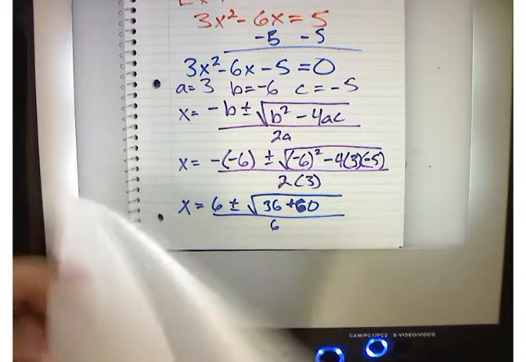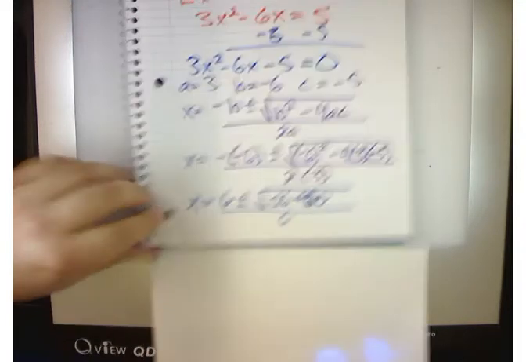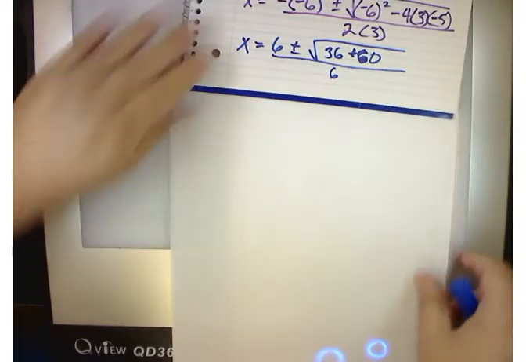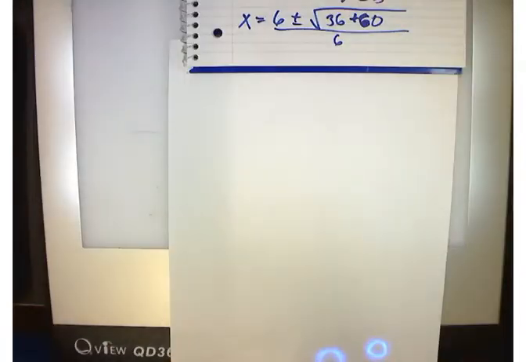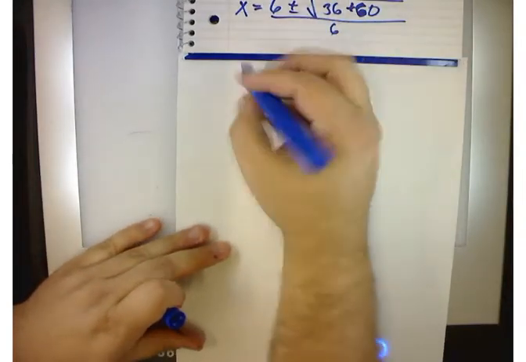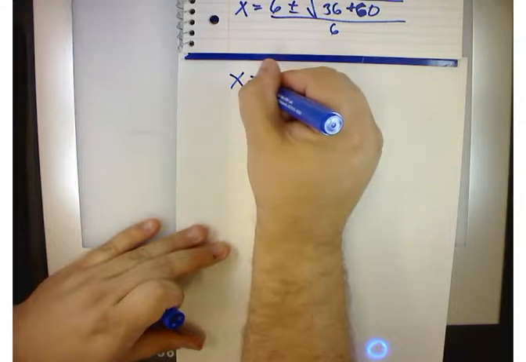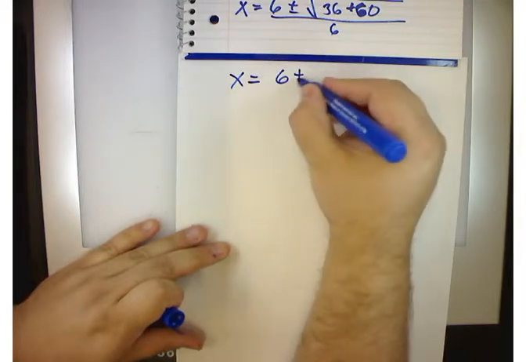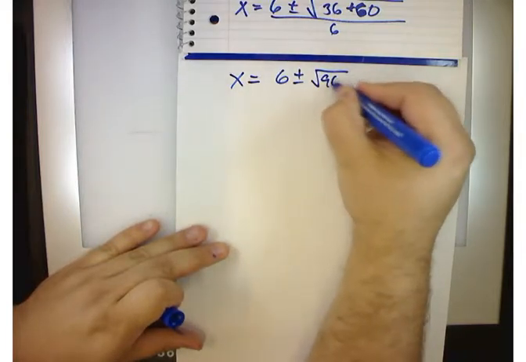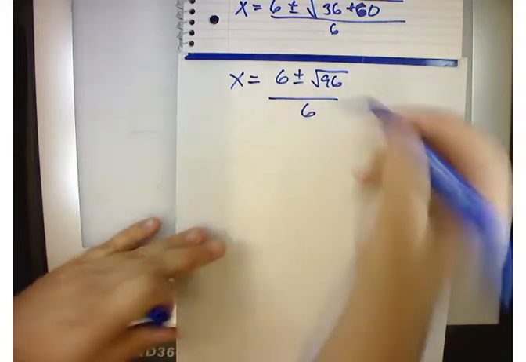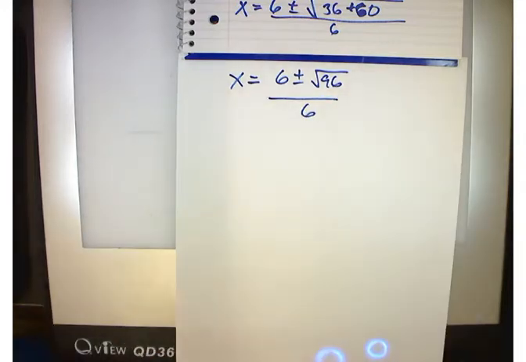The same is true if when we simplify this, we could make it the wrong answer. So in the next line I'll do it one step at a time. I'll say x is equal to 6 plus or minus the square root of 96 all over 6. Now for 96, you may be able to reduce that, it doesn't really matter.